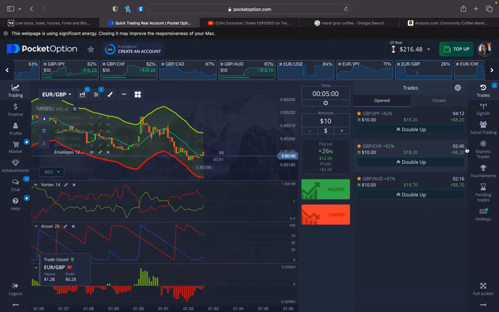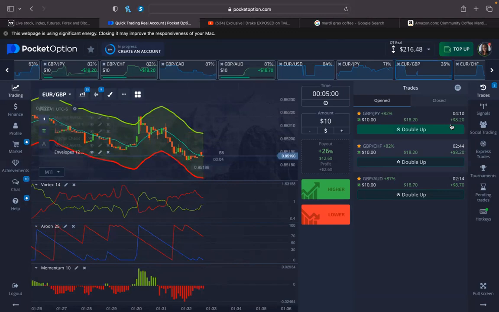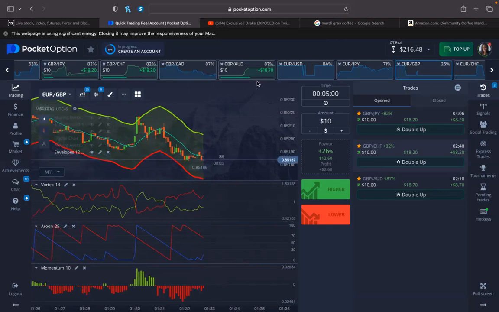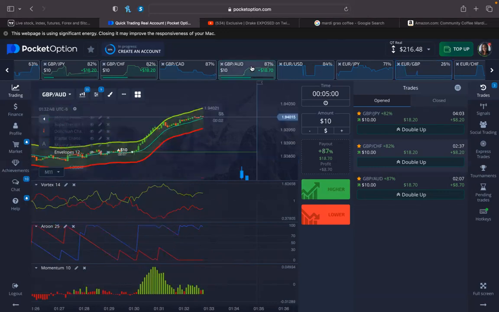So we won the first one. The percentage dropped even lower. It's at 26%. Definitely won't be going back in there. Just use that to show the example.